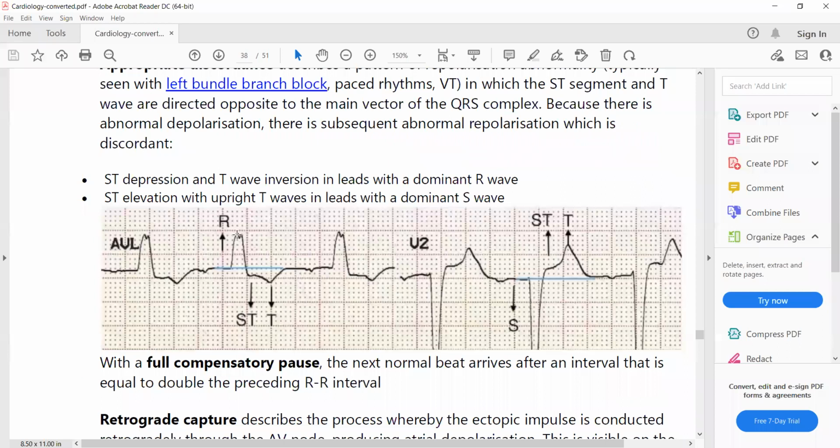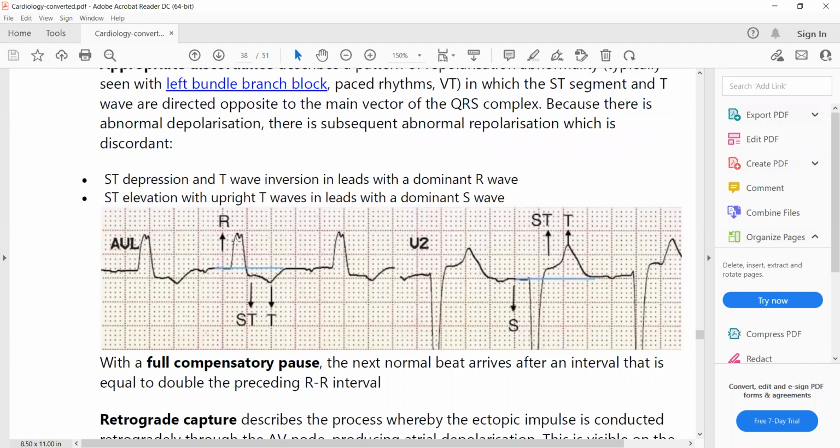So look at this QRS complex. This is upward, and the T wave and the ST segment that is after this QRS complex, they are depressed or they are downward. The blue line is the baseline, and you can see that this ST segment is depressed and the T wave is inverted.